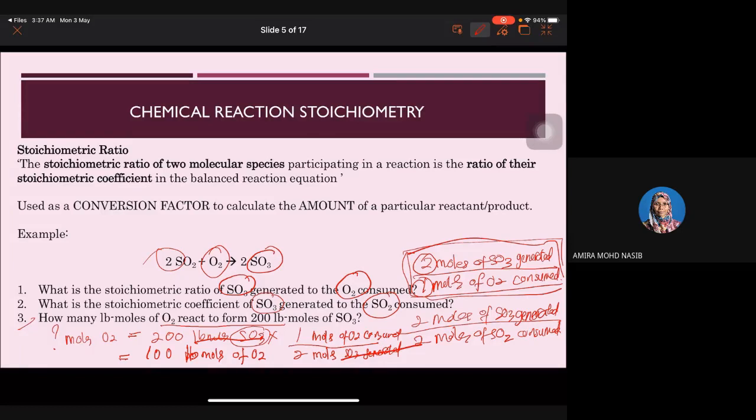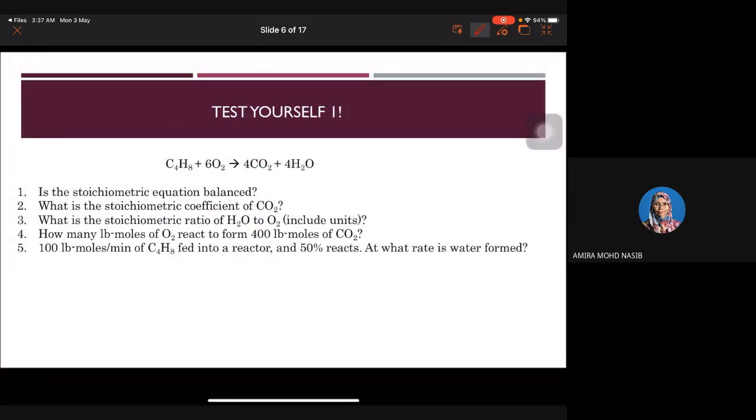So the answer is 100 pound moles of oxygen you need in order to produce 200 pound moles of SO3. So this is how you are going to use your ratio. Alright? Okay.